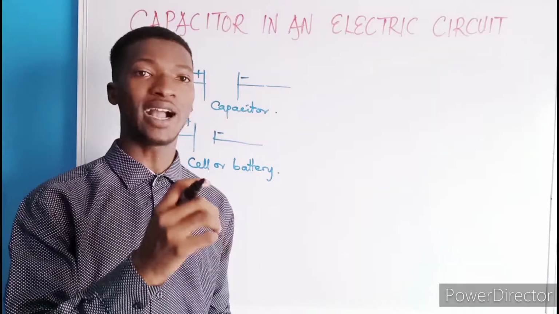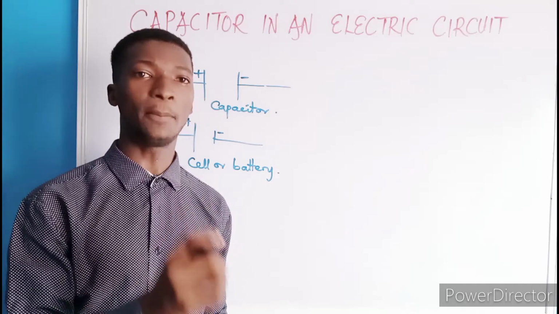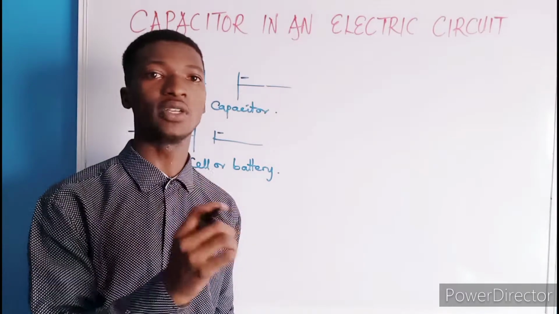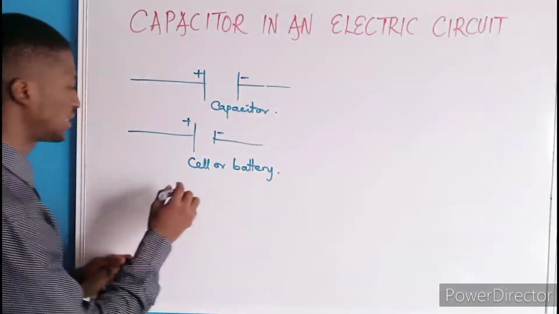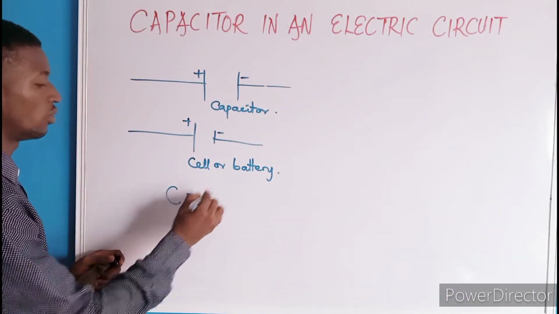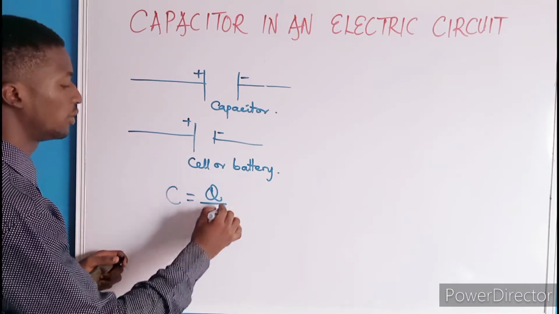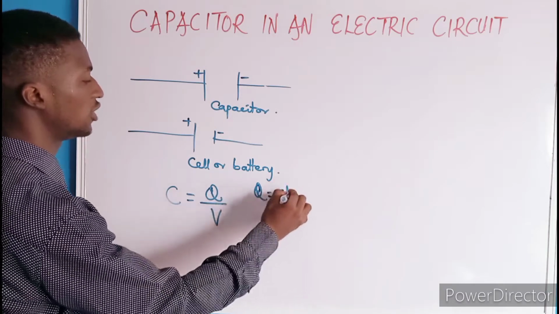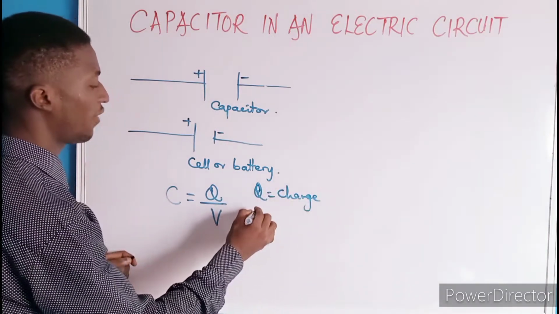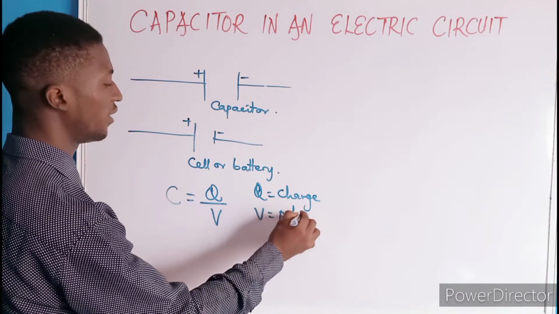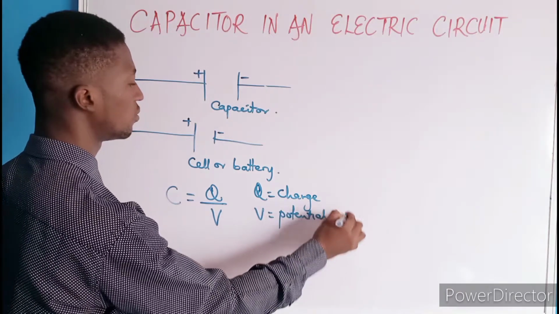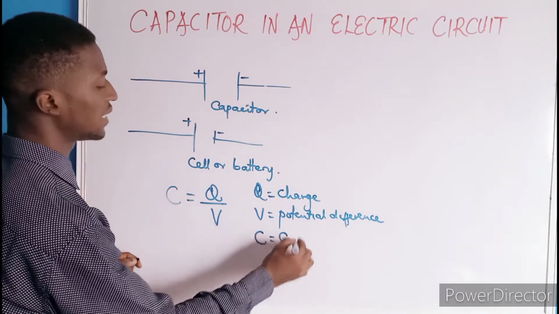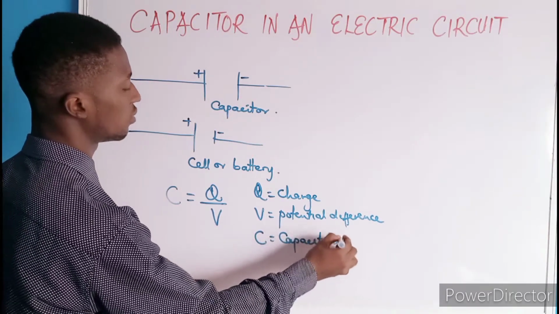We can quantify the degree to which the capacitor is able to store up charges as the capacitance of the capacitor, which is given as C equals Q over V. Here Q is the charge, V is the potential difference, and C is the capacitance of the capacitor.